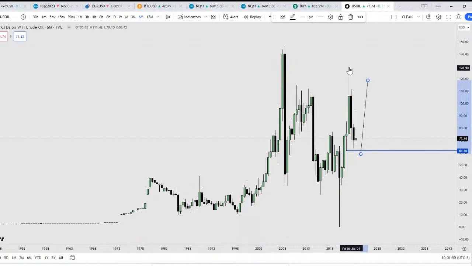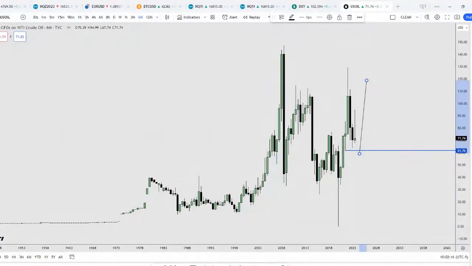This swing high basically added more orders up here. More buy stops, and if that's the case, it's going to run above this high with speed into this high eventually. This is a 6 months time frame, so it's going to take a while to play out. Right, so this is for oil.